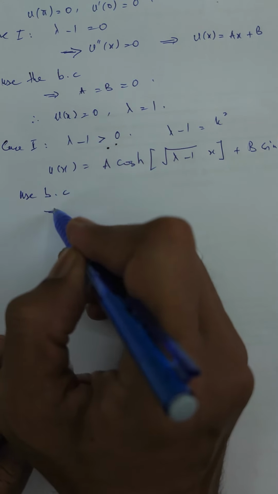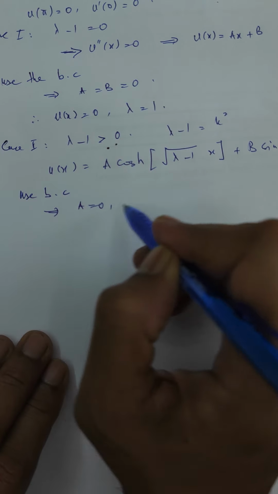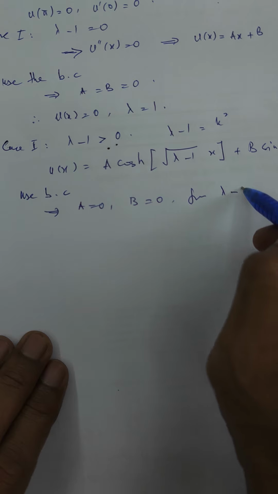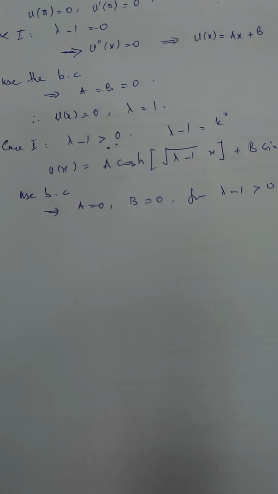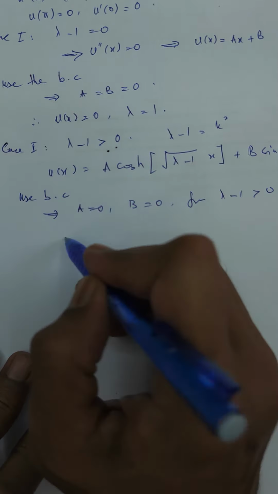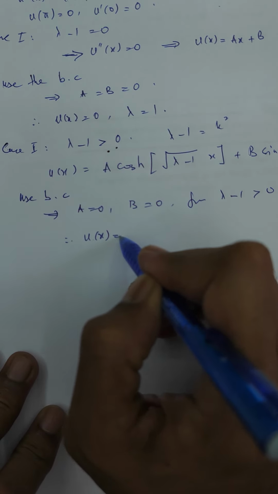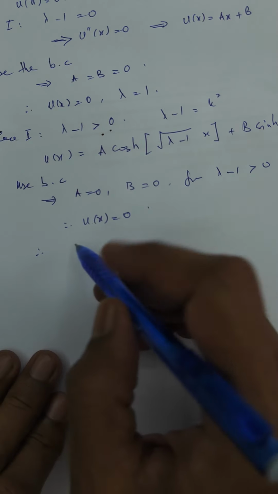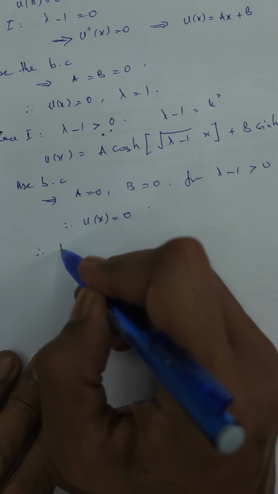We're going to have a equal to 0 and b equal to 0 for lambda minus 1 positive. So in this case, the equation has no eigenvalue. We have only the trivial solution, so our u(x) is just equal to 0.